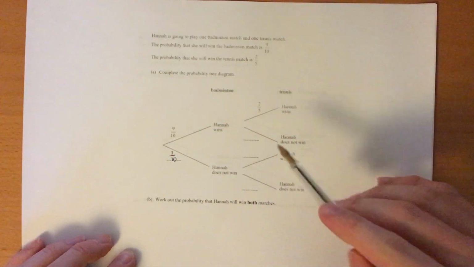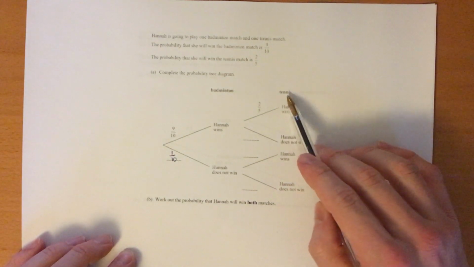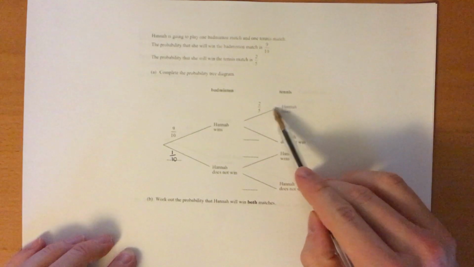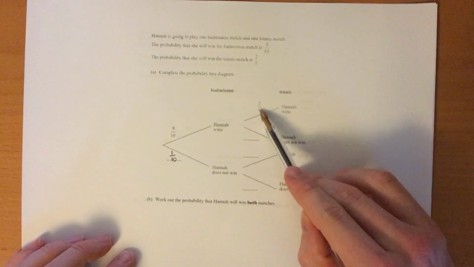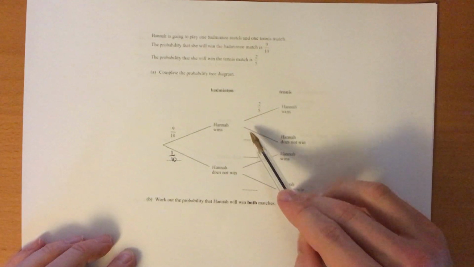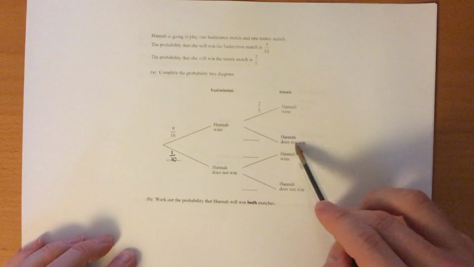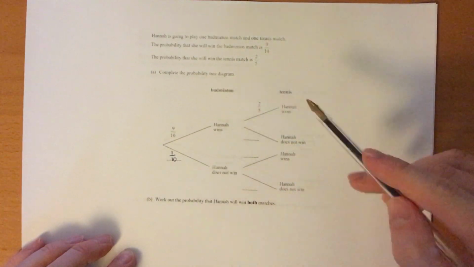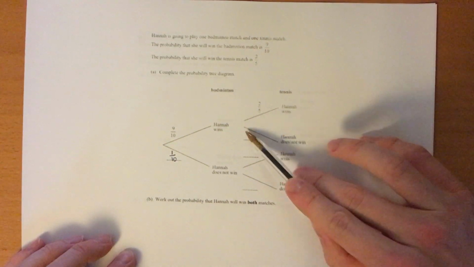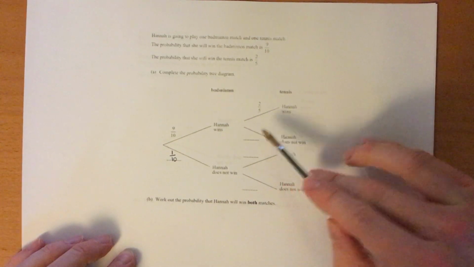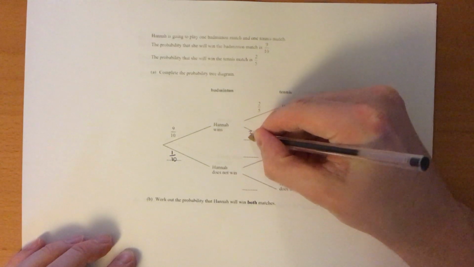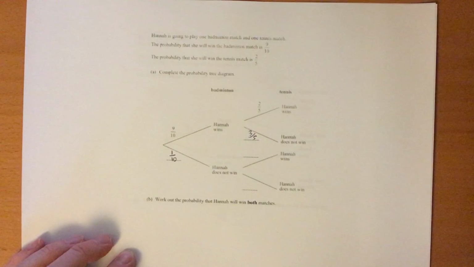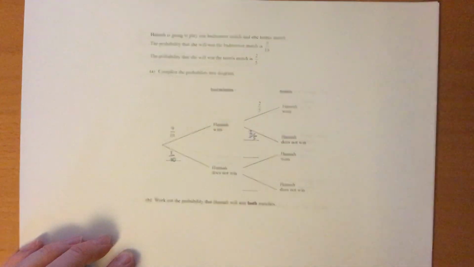So now we look here. This is now about tennis. So badminton is now gone. The chances of her winning tennis is 2 out of 5. So we know that the chances of her not winning, these two, will need to add up to 1. So if that's 2 out of 5, this part here must be 3 out of 5, because they need to add up to 5 out of 5 in this case, which is 1.